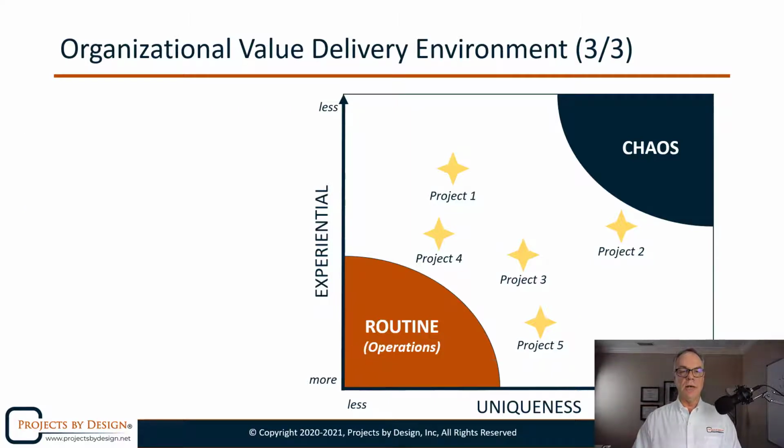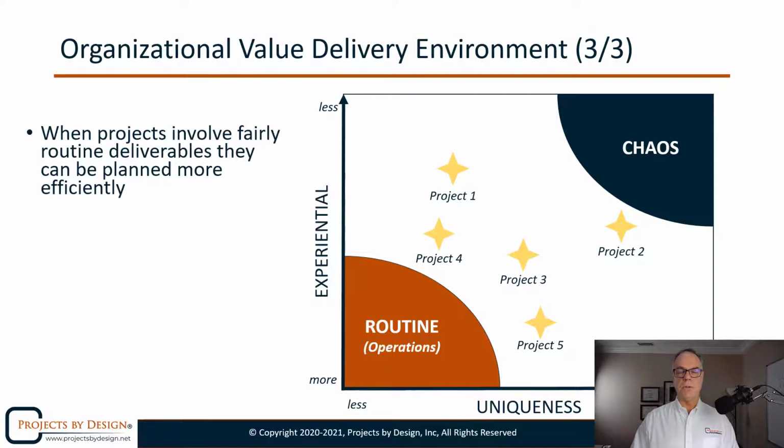So when projects involve fairly routine deliverables, they can be planned more efficiently. In other words, we can describe what we're going to do, when we're going to do it, and how much it's going to cost with greater certainty because it is closer to routine.